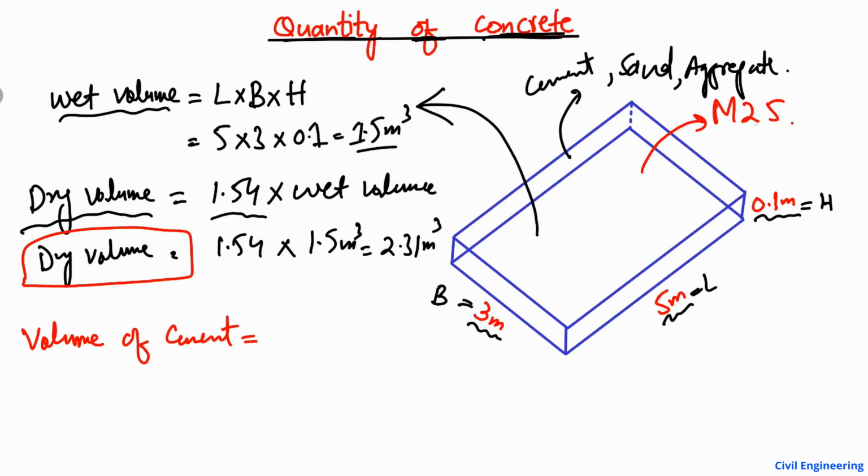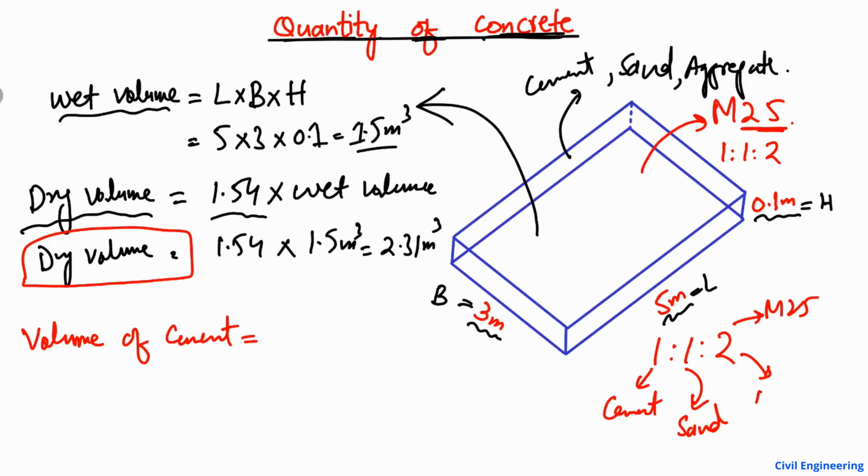M25 concrete means that it has 25 megapascal strength, and the mix ratio of this concrete is 1:1:2. This first number represents the cement ratio, the second number represents the sand ratio, and the third number represents the coarse aggregate ratio.